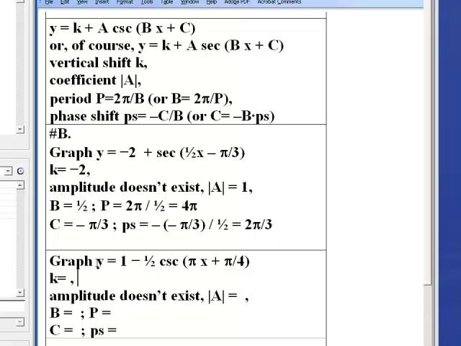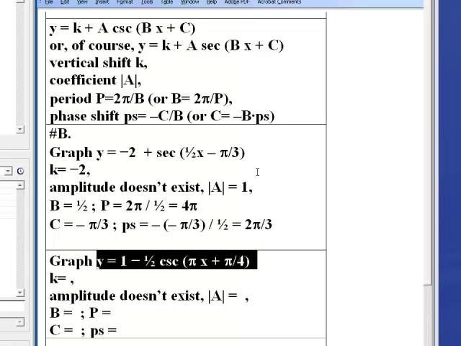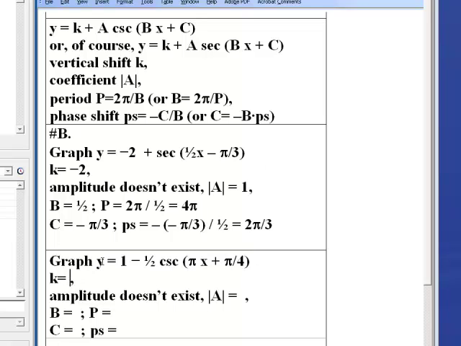The other one is going to be y equals 1 minus 1/2 cosecant of pi x plus pi over 4. So we have a vertical shift of 1. We have a coefficient a of -1/2.